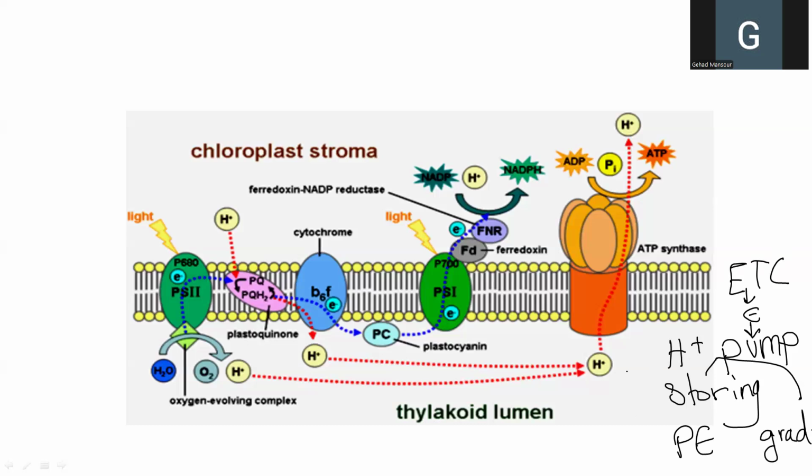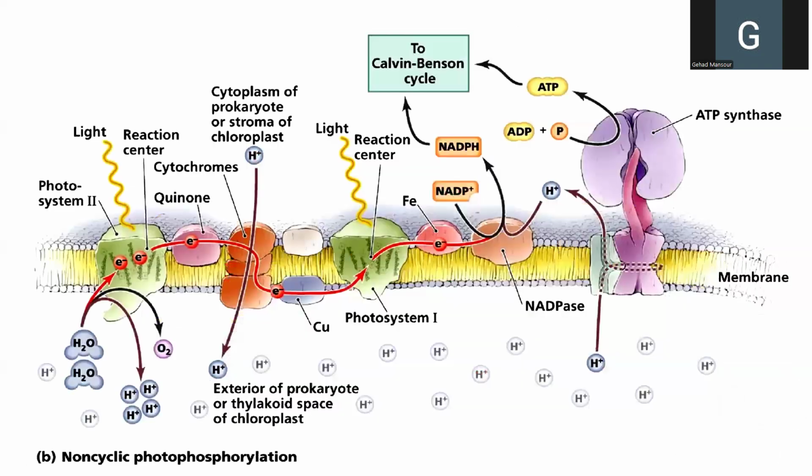And this gradient for facilitated diffusion is what we call the proton motive force. So how did we have this motive force of the protons that allows them to diffuse by facilitated diffusion down the concentration gradient? We obtained it because we had previously accumulated the protons inside.